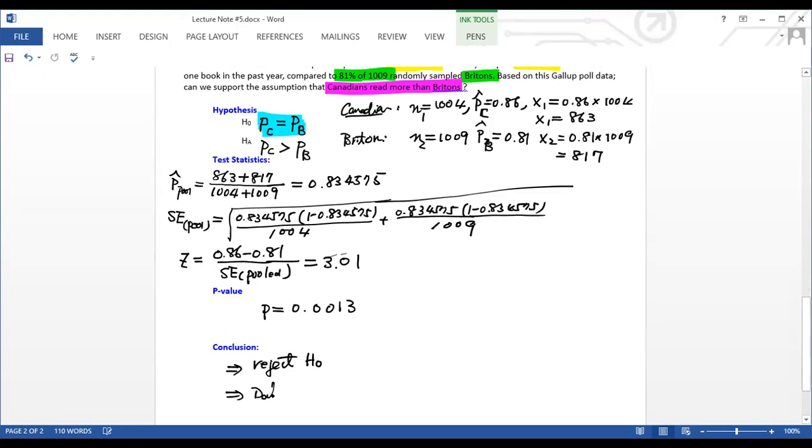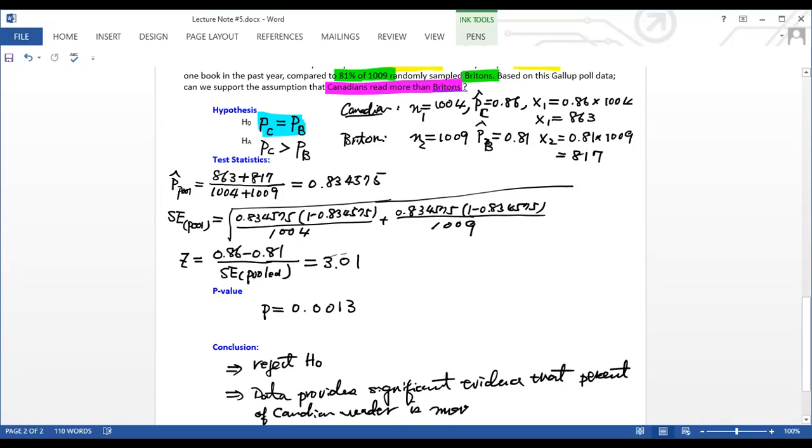You will say the data provide significant evidence that the percent of Canadian readers is more than the percent of Britain readers. Yeah, so that's what we need.